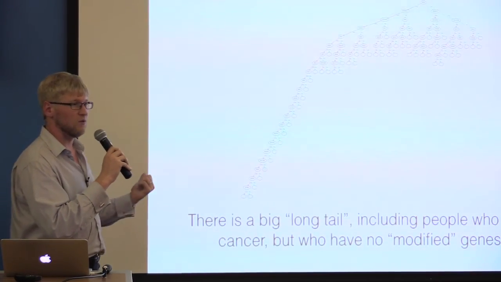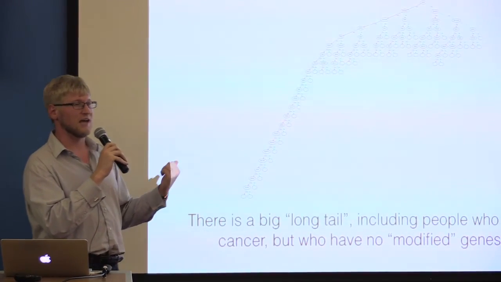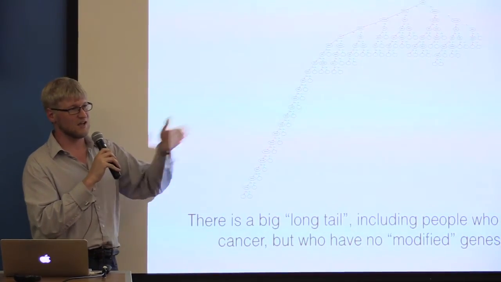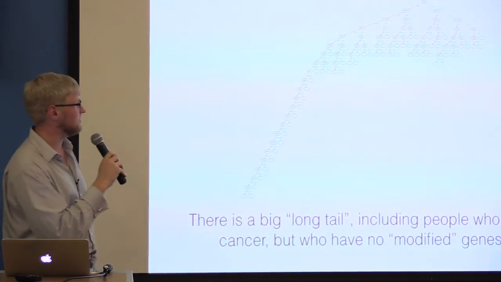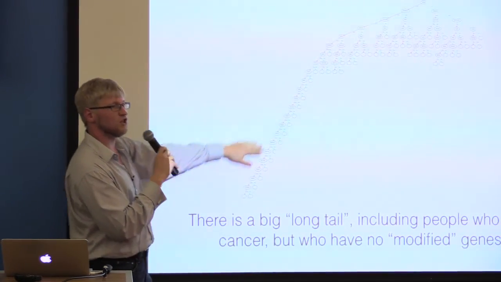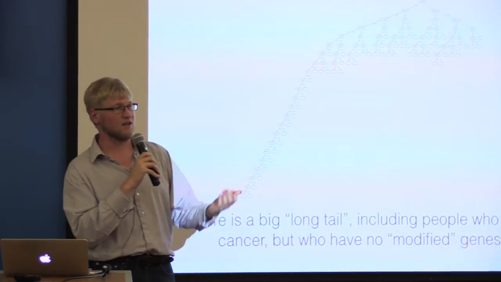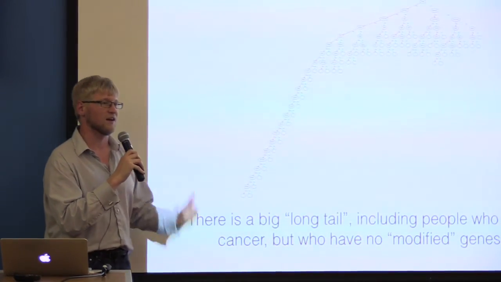Some of the common ones are, for example, the FLT3 internal tandem duplication, which has two different subtypes that associate very clearly with it. My point was just that there's this long tail that our conventional methods don't really explain because they're capturing non-exonic variants.